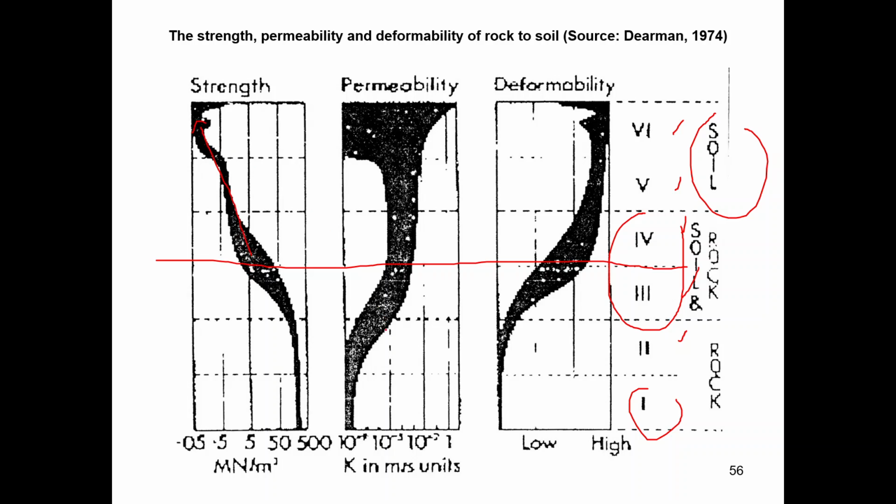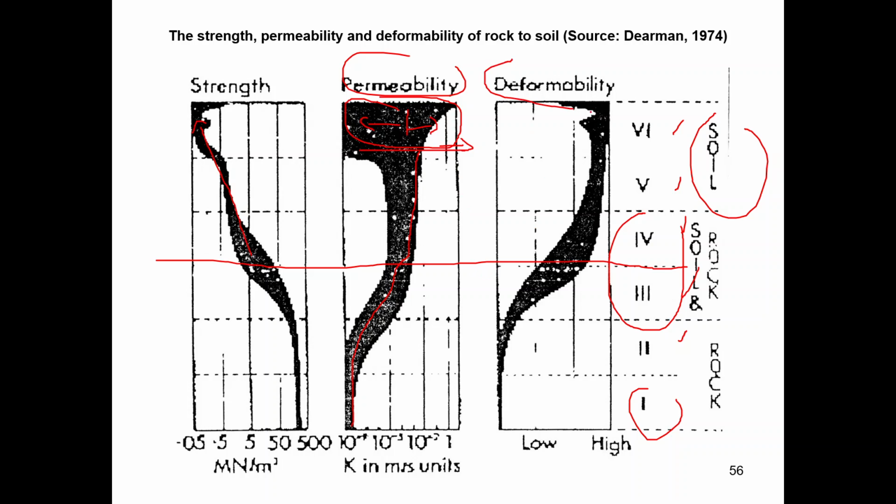Similar for permeability: rocks have low permeability because rock is not permeable, but permeability increases in this direction. But in grade 6, you have quite a big range between high and low permeability, because if you have clay product, it is less permeable. If you have sand product, it is highly permeable.